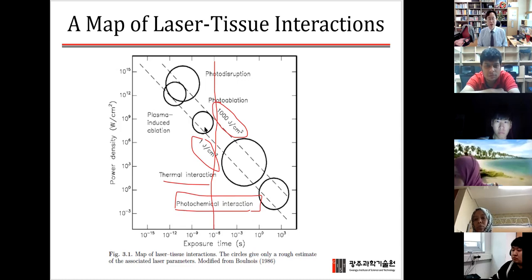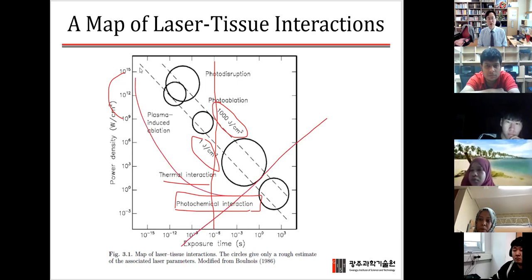The other ones, photoablation, plasma-induced ablation, and photodisruption, all happen when you have a very short exposure time, which means a very short pulse duration but with a very high power density. And besides photochemical interaction, these 4 are all basically used for ablation purposes, which means removing some parts of the tissue.